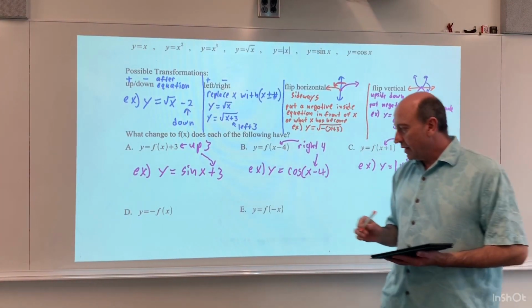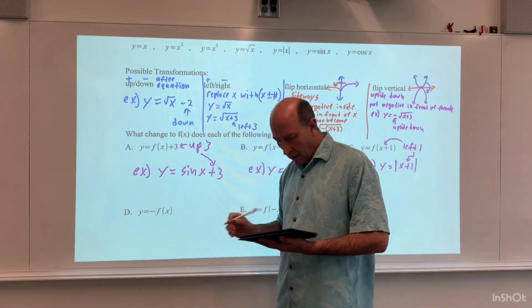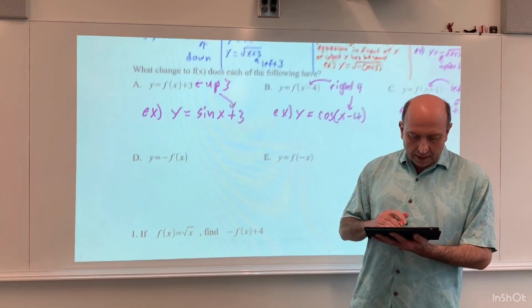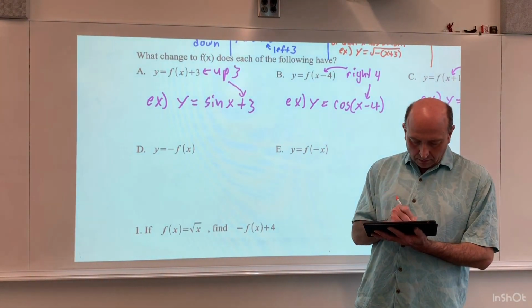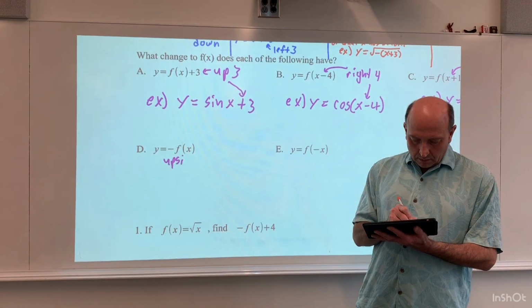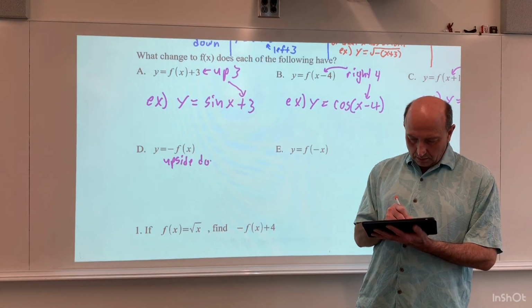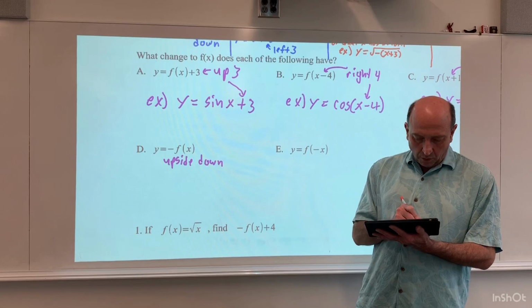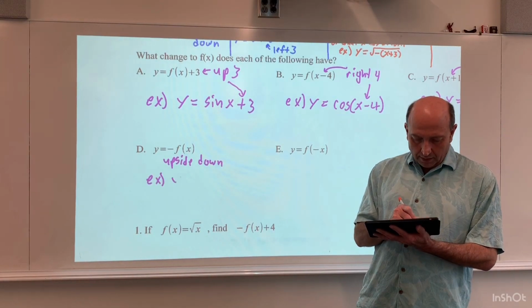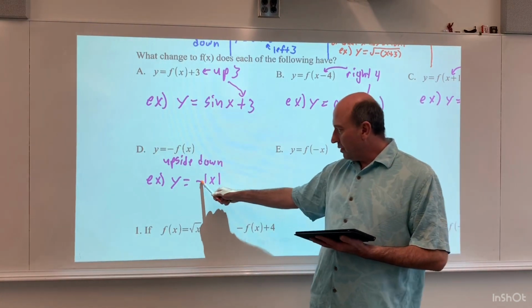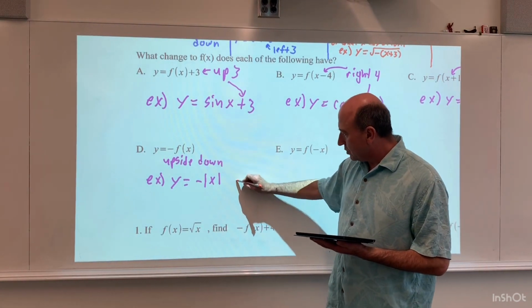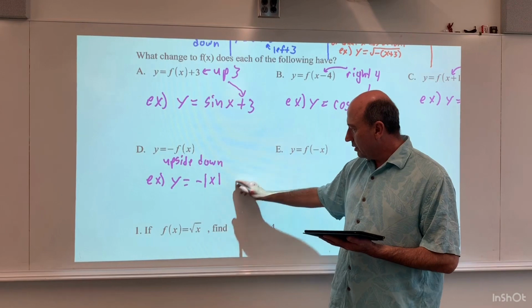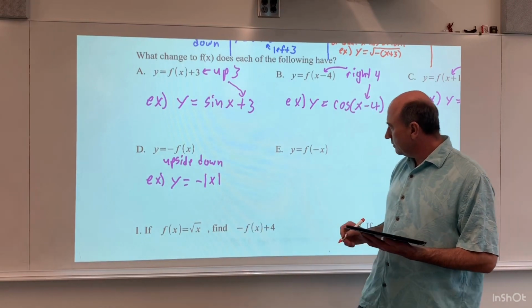Okay, the negative in front of any formula flips it upside down. For example, if you pick a formula like the absolute value of x, this would flip the absolute value of x upside down. So rather than the v going up, the v is upside down.